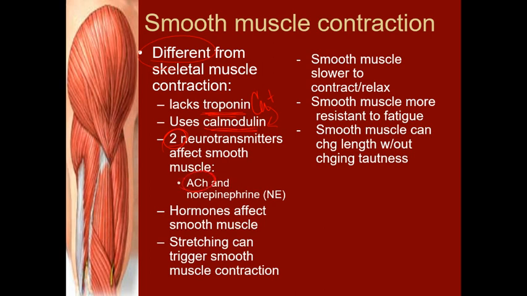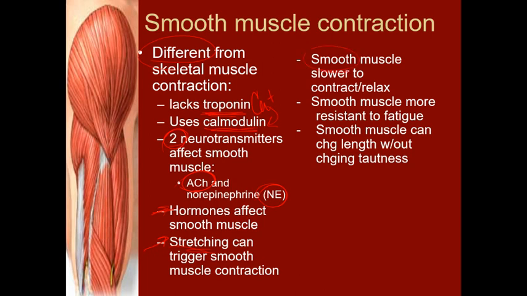Acetylcholine is still one of those, so if you're going to remember one, remember acetylcholine. It's always there. Norepinephrine is the other one. Hormones are going to have more of an effect on smooth muscle. Stretching, remember, as the food passes through, triggers the contraction.